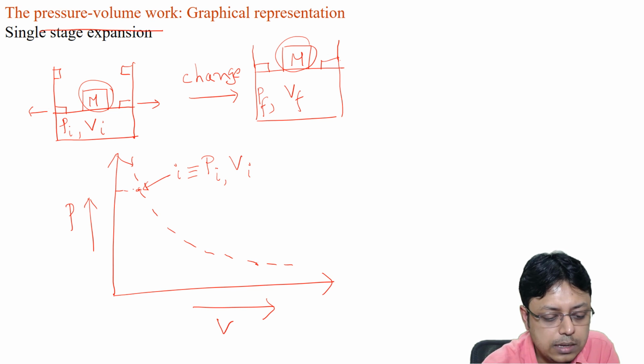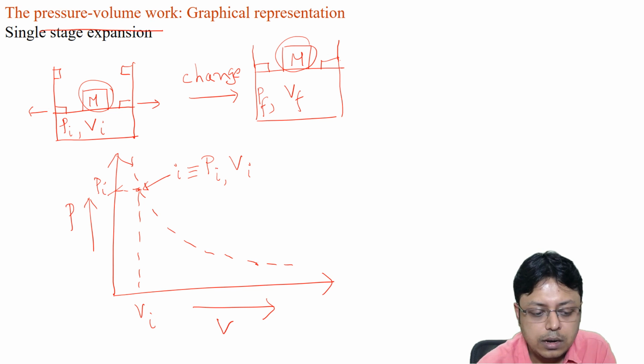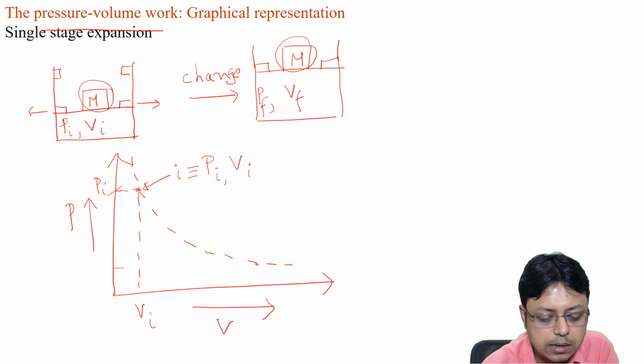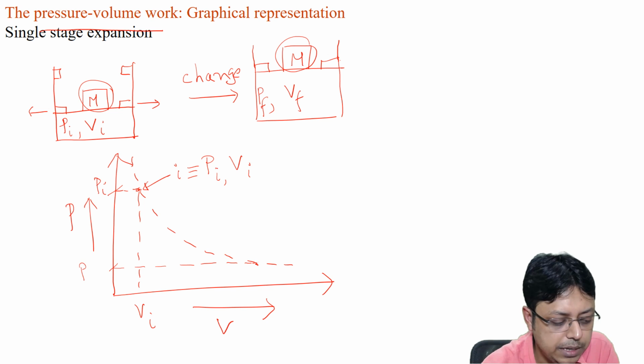So Pi is the corresponding pressure and Vi is the corresponding volume. Now what we did is that we expanded the system to a final pressure which is Pf and a volume which is Vf.